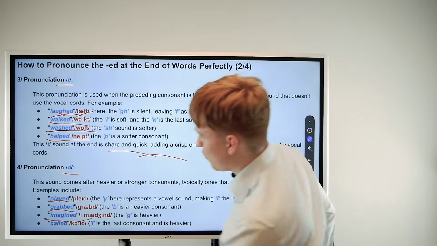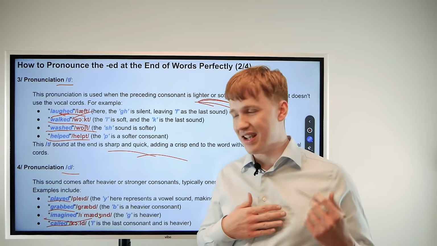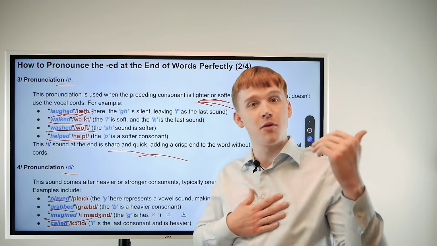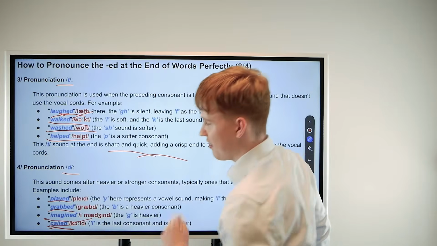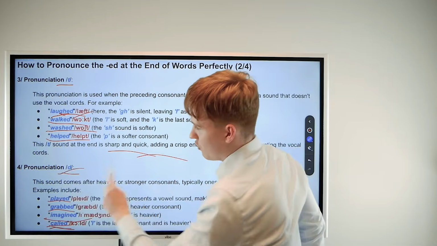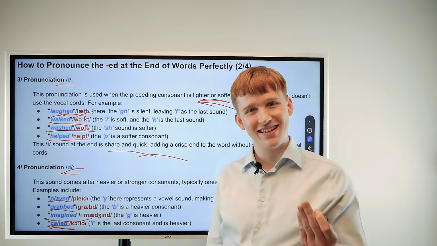So next we have called. It's one of these very voiced words. There's a proper vibration there. So that is when we use the d sound. And once again, can you repeat the d?